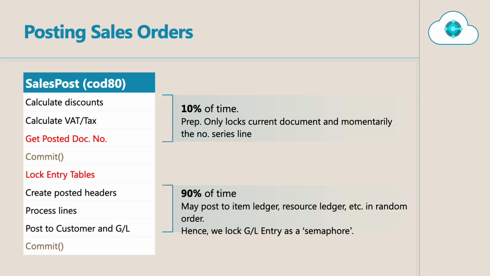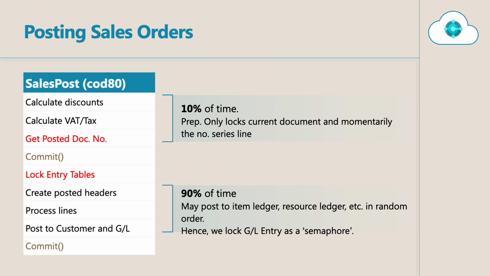Yes, we can take a look at the sales order process posting because that's our canonical example we always use. If we look at what happens when we post a sales order, it's in two steps. First, you do some internal calculations, calculate discounts and tax and stuff like that.